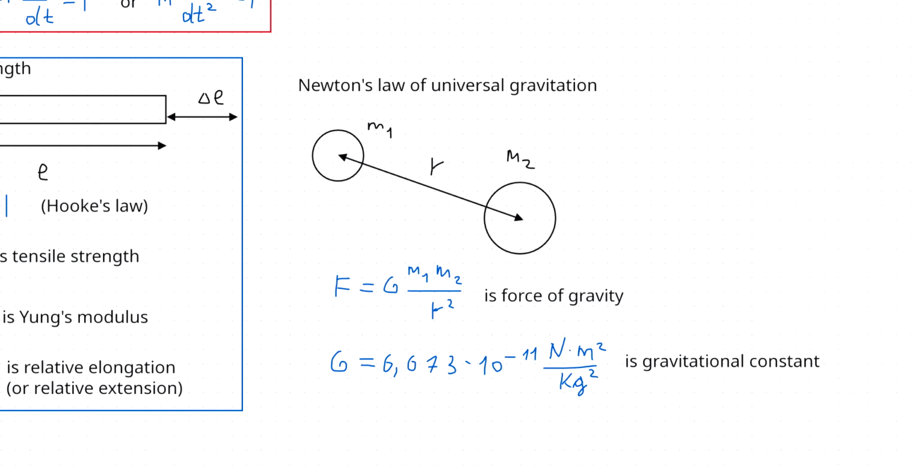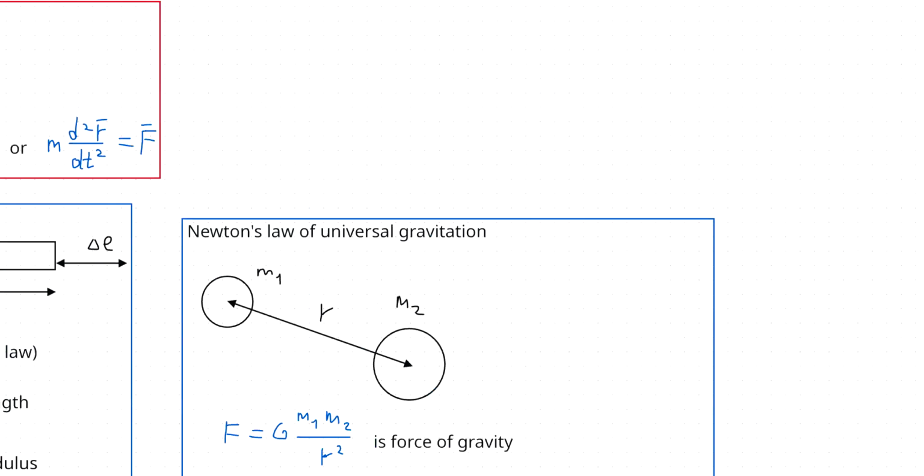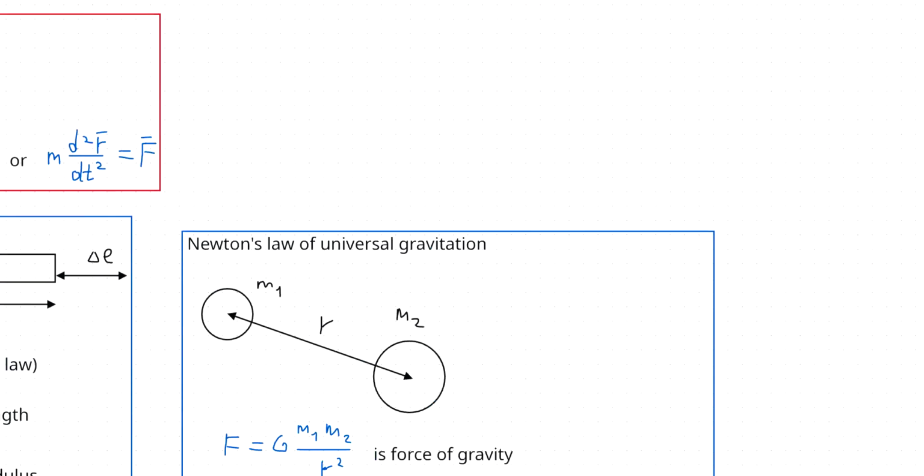This is Newton's law of universal gravitation. It allows us to define a force of gravity between two bodies with masses m1 and m2. Okay, and let's define force of gravity for a body near the surface of our planet Earth.